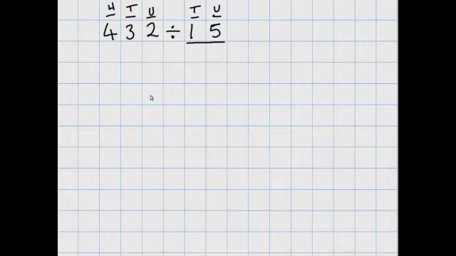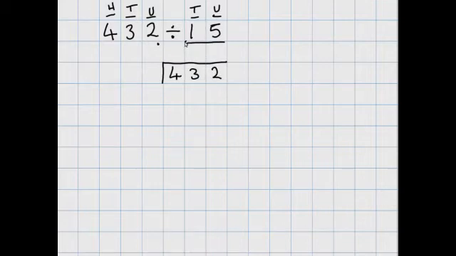To lay out this method, we lay it out very similarly to the short method. In fact, it's almost identical. We need to create ourselves a fallen down bus stop, like this. We put the dividend, which is this number, inside the fallen down bus stop.